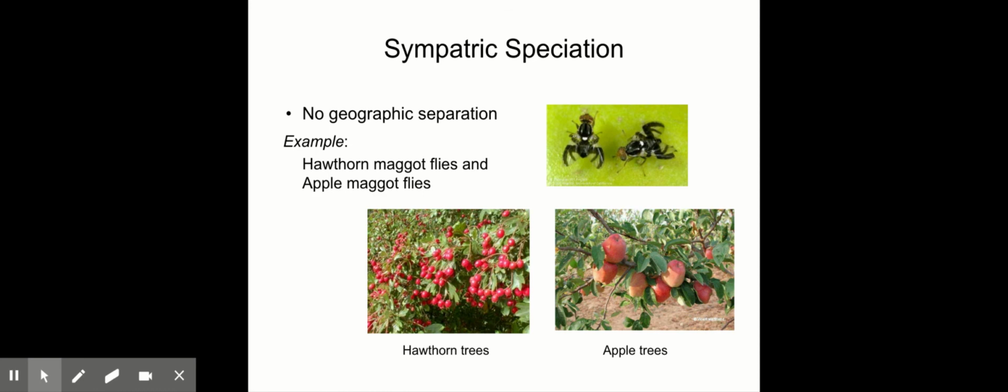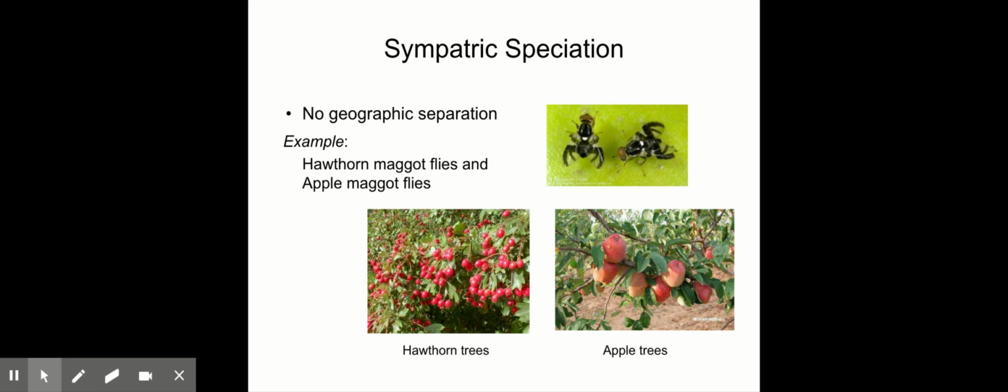And I think it's an example that's kind of easy to relate to because we can think about flies and fruit trees. And again, sympatric speciation. Sympatry means geographic overlap. They are in the same geographic area. And this example is hawthorn maggot flies and apple maggot flies in North America.